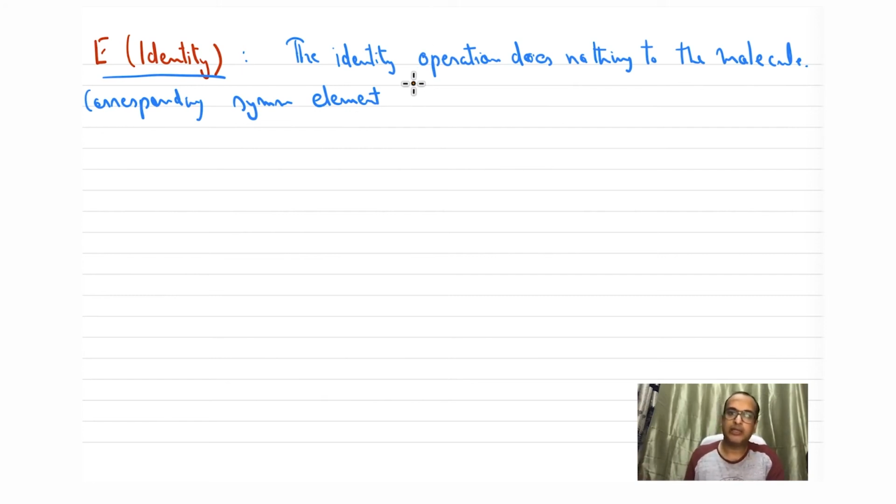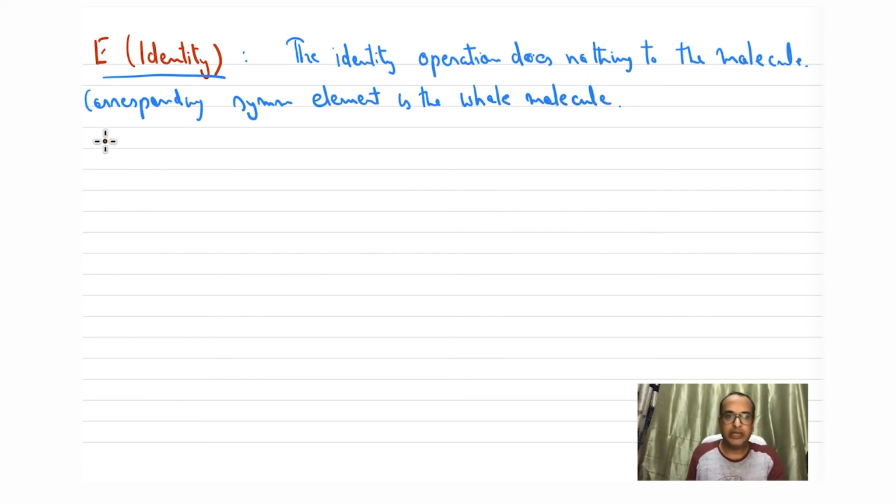So in this case, the symmetry element is the whole molecule. The whole molecule itself is a symmetry element, because the whole molecule is not moving, right? All the points in the molecule are remaining at their own original position.